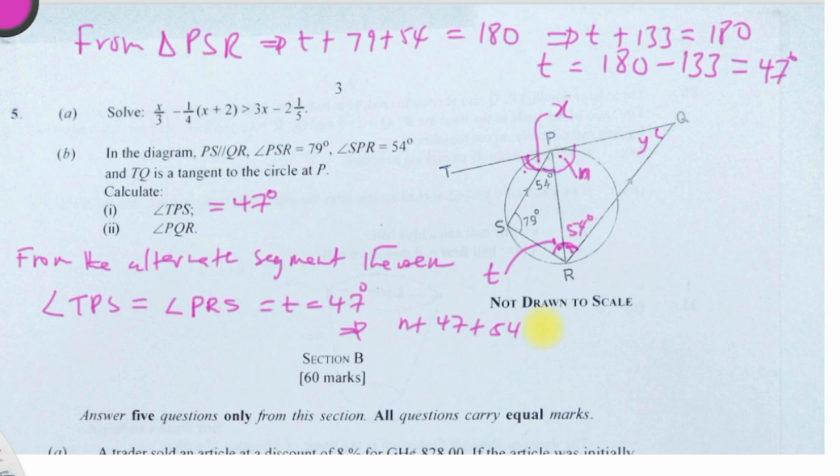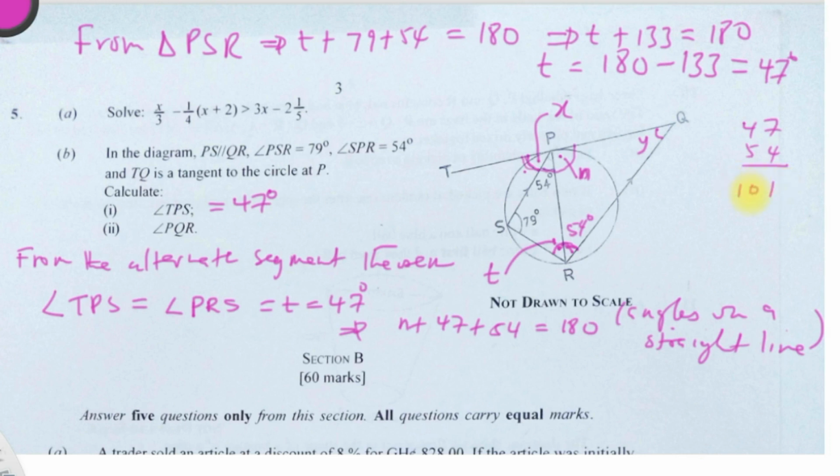So this is angles on a straight line, which add up to 180. So this is what we have: 47 plus 54.